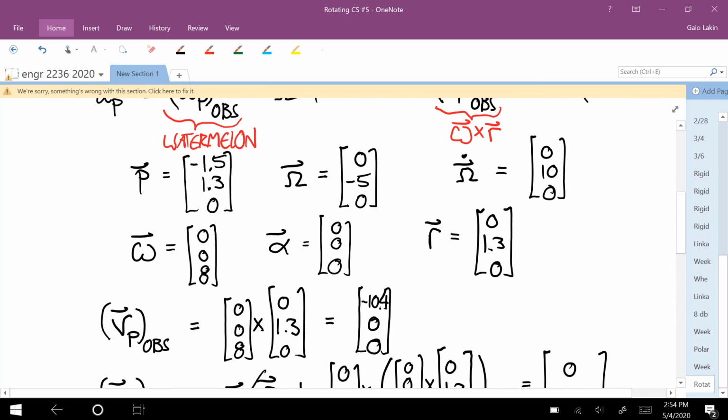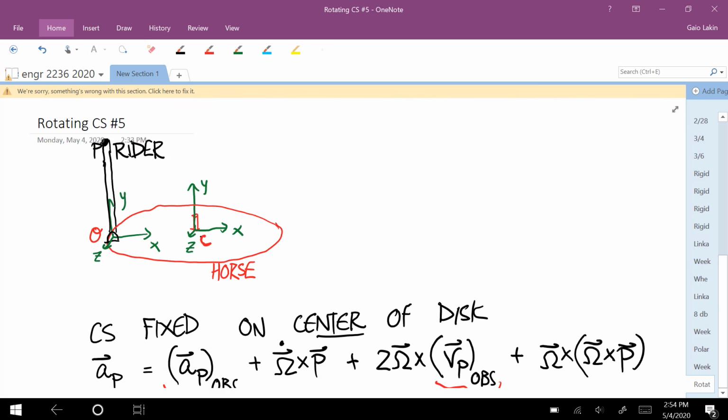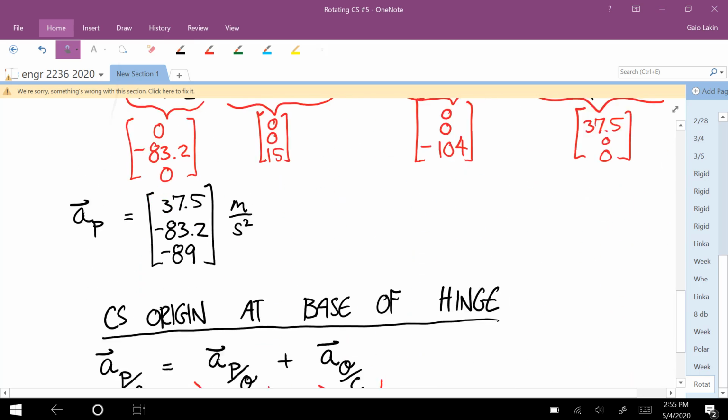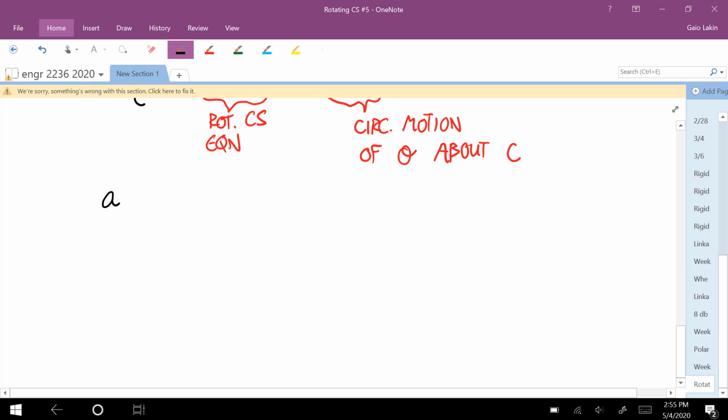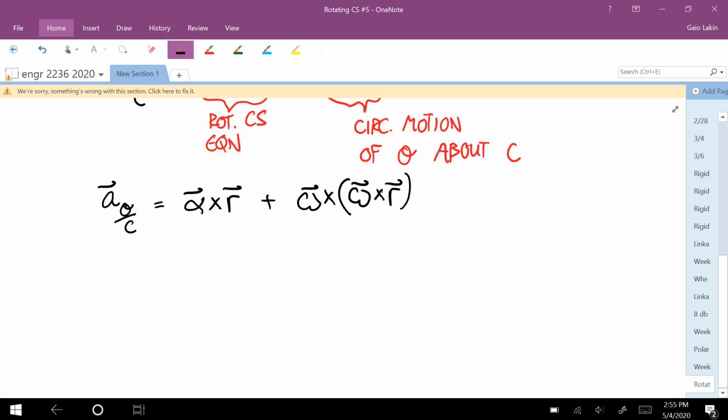So long ago, many months ago, we had already done problems where we could calculate like the acceleration of this point O in circular motion around C. So let's do that first. So the acceleration of the origin around C is the watermelon equation, alpha cross R plus omega cross quantity omega cross R. The body whose rotation we're looking at right now is the disk.